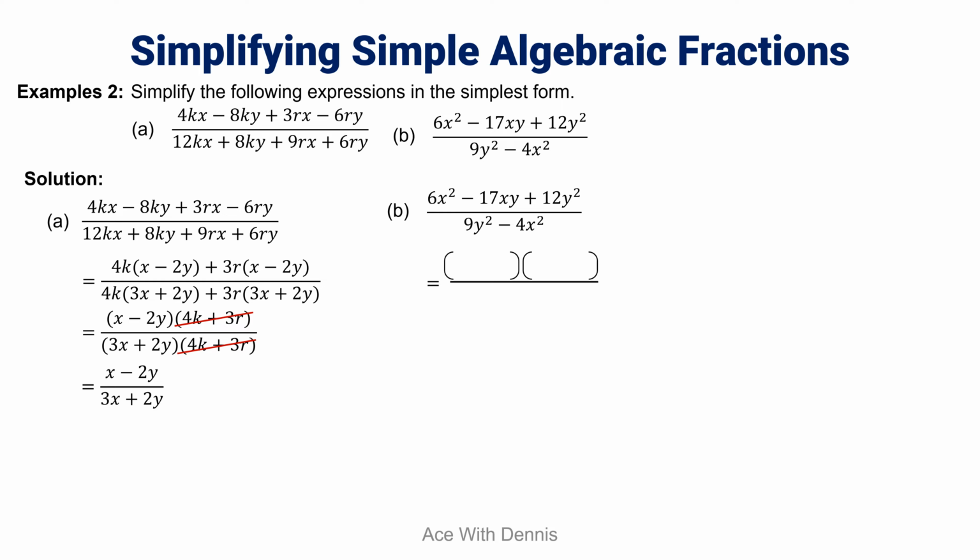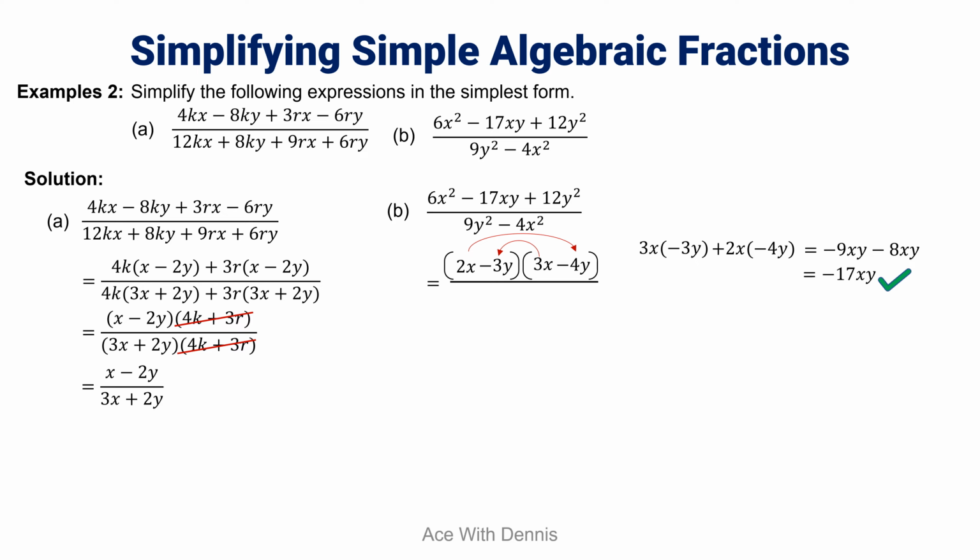So what I have to do is write down 2 brackets, then 2x times 3x, I'll get 6x squared, and minus 3y times minus 4y, I'll get positive 12y squared. Now 3x times negative 3y plus 2x times negative 4y, which is negative 9xy minus 8xy, we'll get negative 17xy, which is the same as the middle term. Hence, this is the correct factorization.